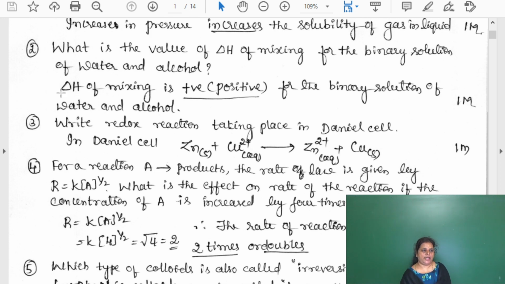So delta H, change in enthalpy of mixing, is positive for this case of binary solution of water and alcohol, because water has a strong intermolecular force of attraction, and after adding the alcohol, the hydrogen bonding strength decreases because alcohol contains an alkyl group, which is a hydrophobic group. So therefore delta H of mixing is positive for the binary solution of water and alcohol.